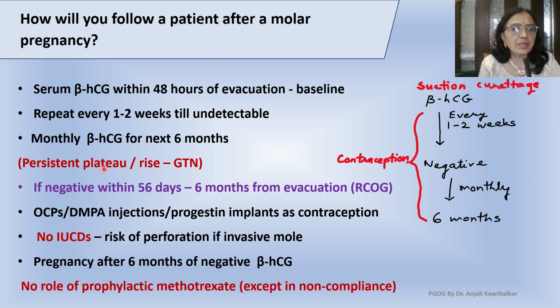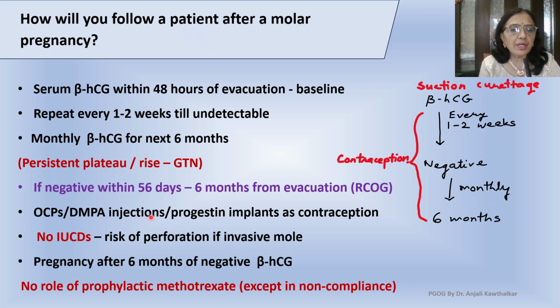If there is a persistent plateau or rise in HCG, then we consider it as a case of gestational trophoblastic neoplasia. If it is negative within 56 days of evacuation, then we can do the surveillance for 6 months from the day of evacuation rather than from the date when it becomes negative. That is the RCOG guideline.